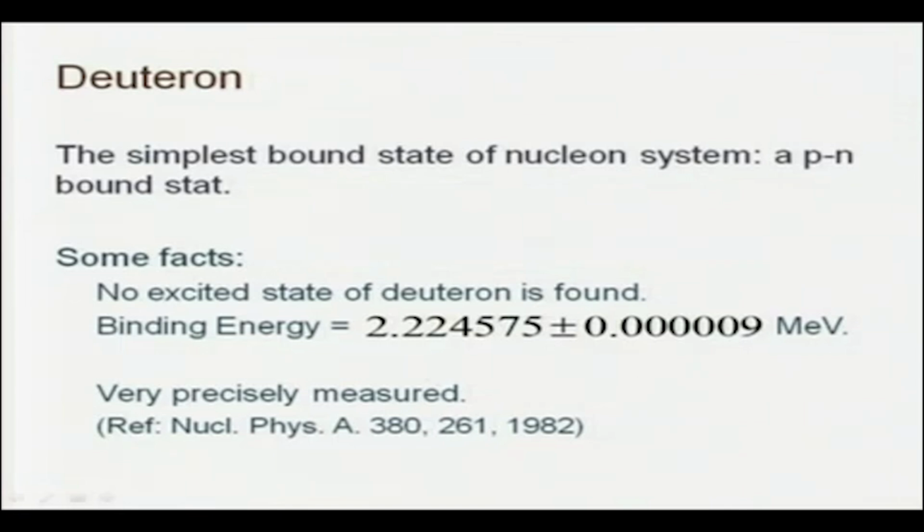In this 2.224575, only the last digit is not certain. I am quoting a particular result which is published in Nuclear Physics A, volume 380, in 1982, page number 261 of the journal. You can also look at other results, and they will all be similar, with similar precisions. So, it is a very precisely measured quantity.